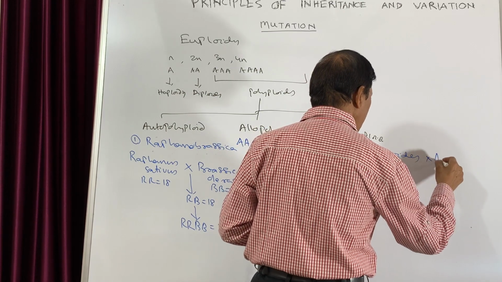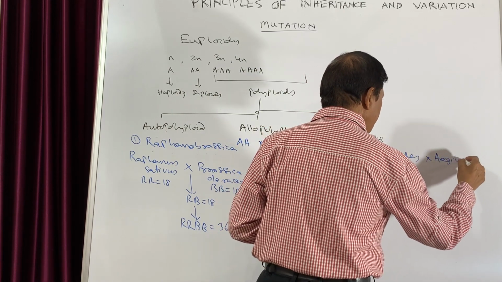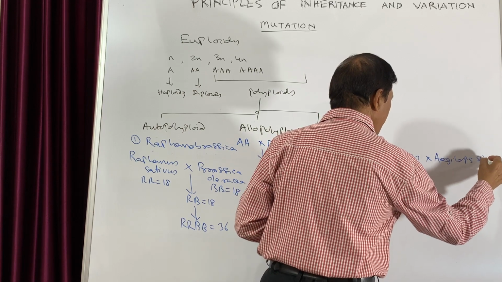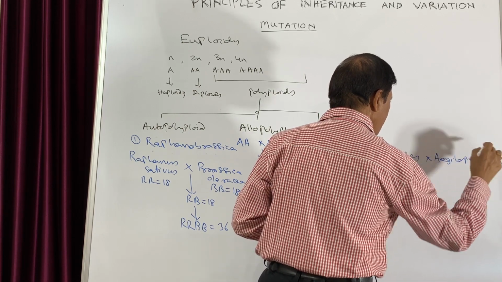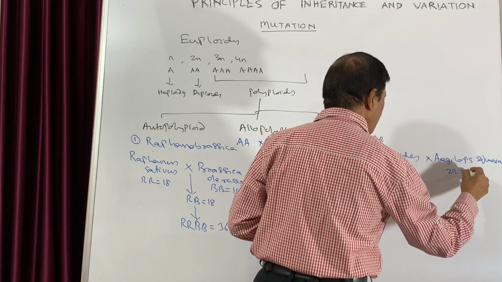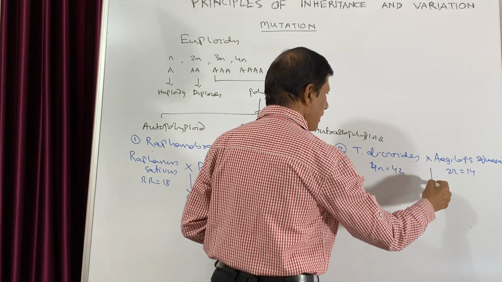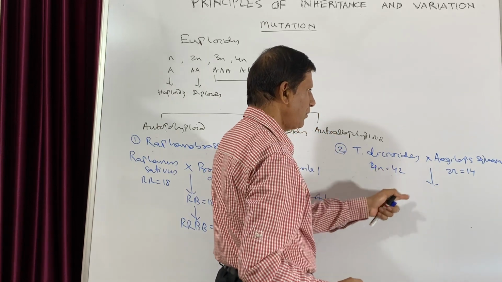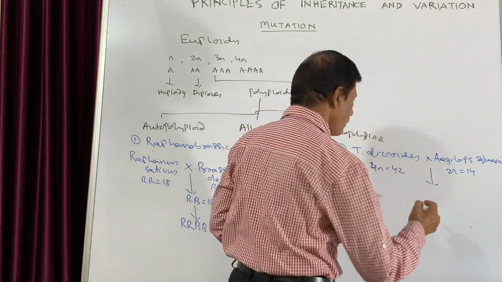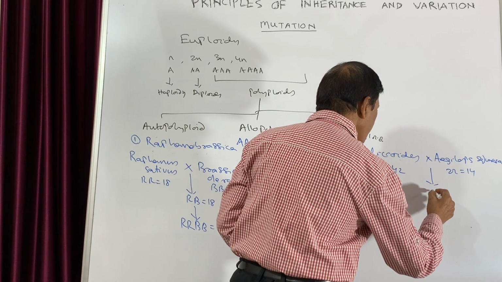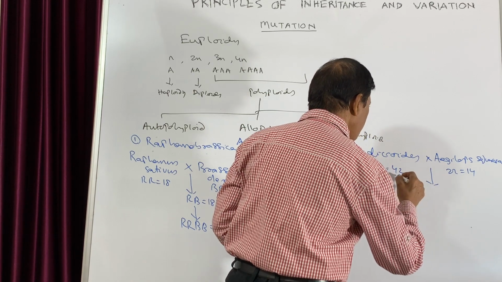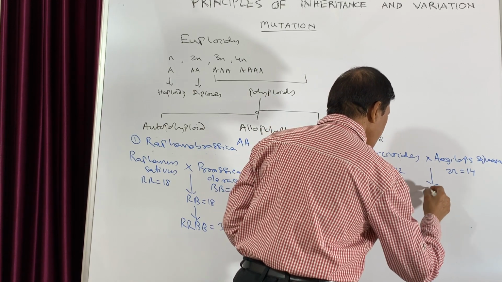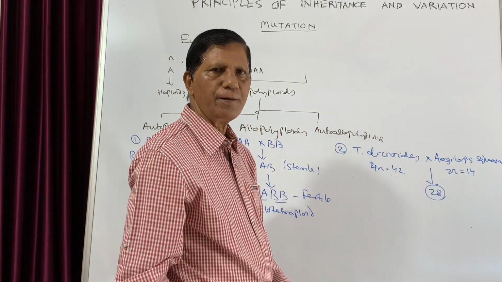This was crossed with Aegilops squarrosa, and here 2n is equal to 14. So now the F1 hybrid will have 21 chromosomes from here and 7 from here. So the plant will have 28 chromosomes, and it will be sterile.